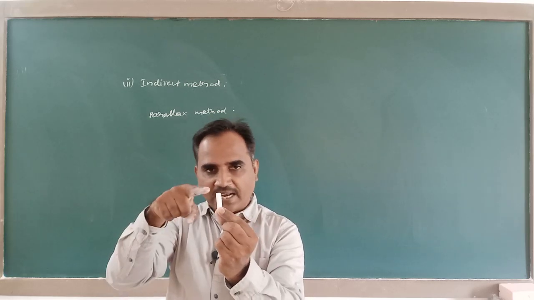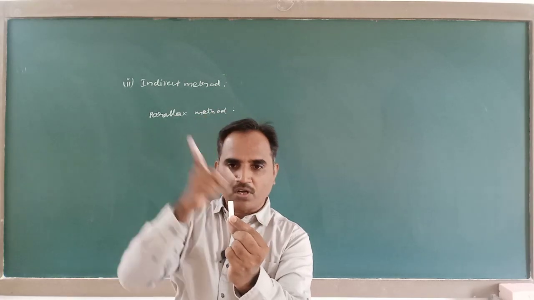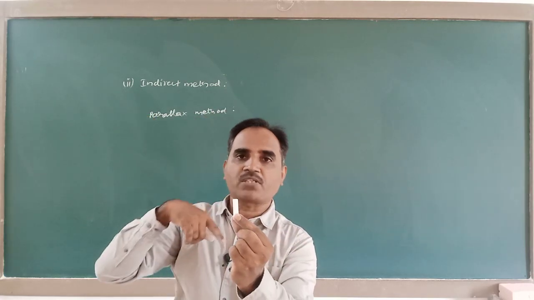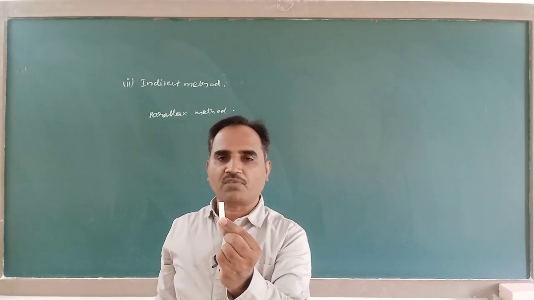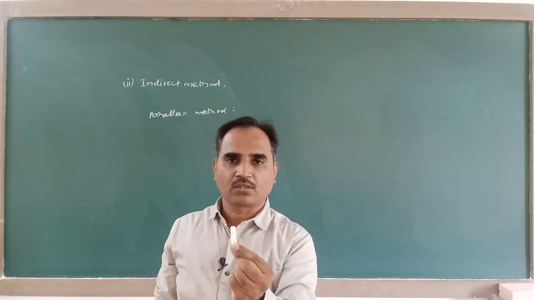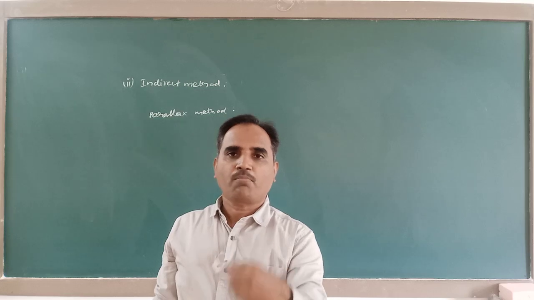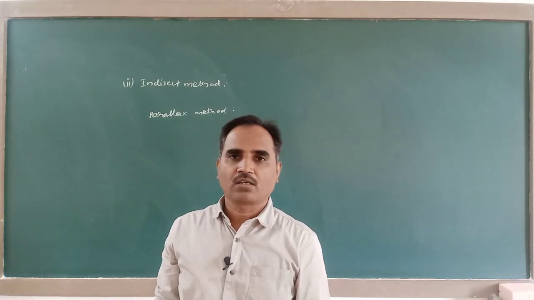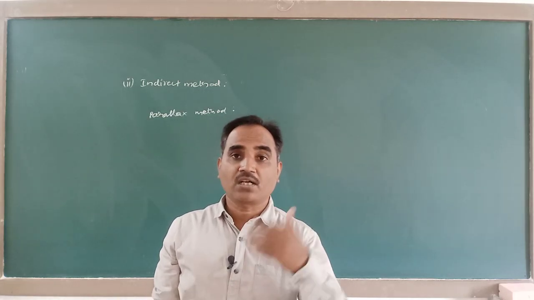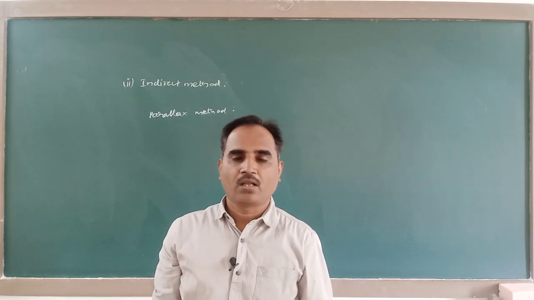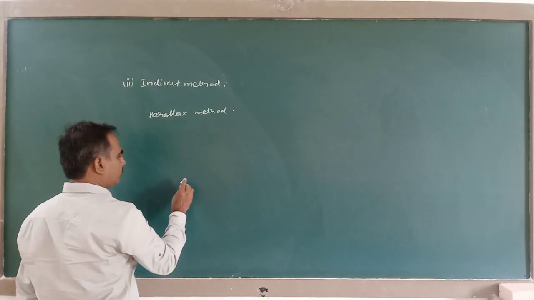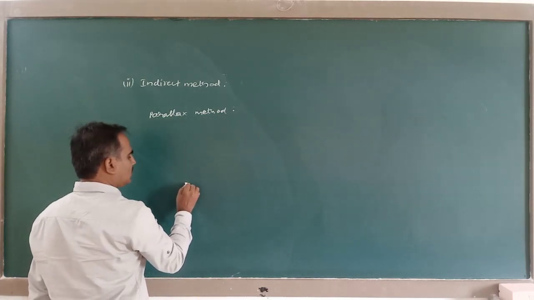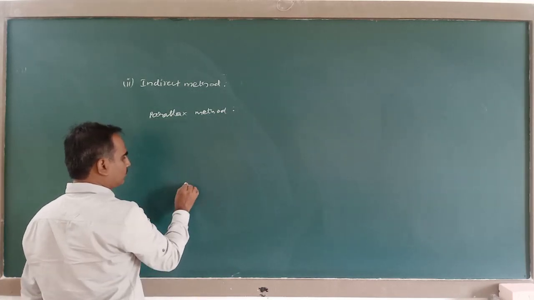If I look from this direction, that window is the background. If I look from this direction, the door becomes the background. So with reference to the background, there will be a change in position of this object. That is called parallax. So by using this parallax method, one can estimate the distances. So here, this is the point of observation.